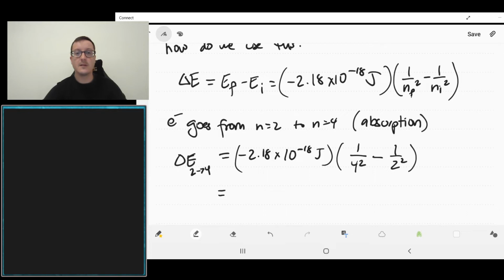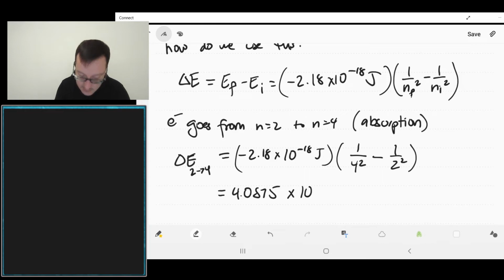If we swap over to our calculator, aka Google, negative 2.18 times 10 to the negative 18 times parentheses 1 over 16 minus 1 over 4, we get a positive value, 4.0875 times 10 to the negative 19 joules.